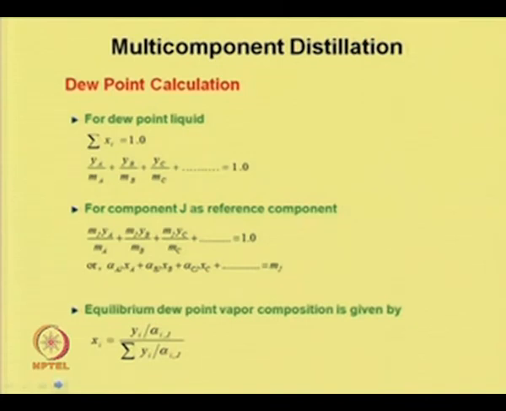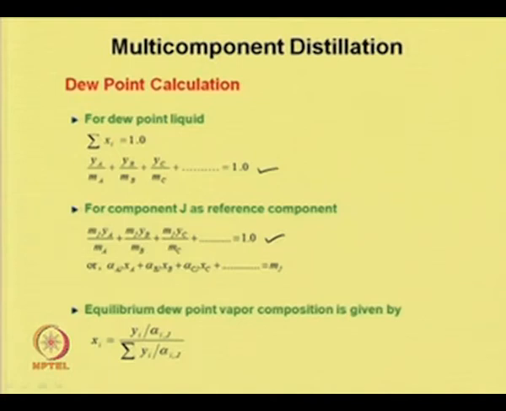The dew point calculation is similar to the bubble point calculation. For dew point, summation over Xi would be equal to 1.0. So, we can write Ya by Ma plus Yb by Mb plus Yc by Mc and so on would be equal to 1.0. Now, if we consider j as the reference component, Mj Ya by Ma plus Mj Yb by Mb plus Mj Yc by Mc and so on would be equal to 1.